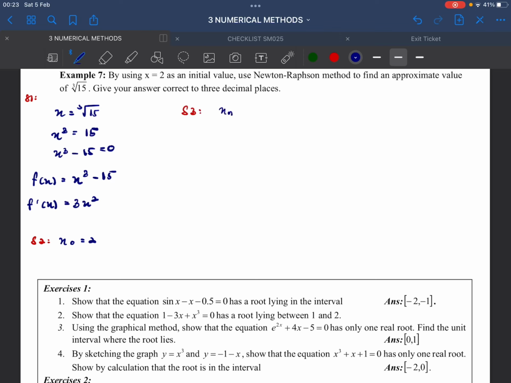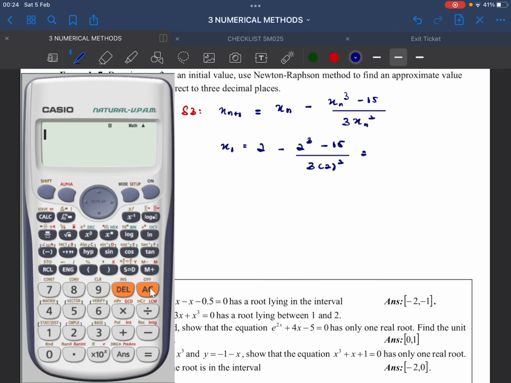We have xn plus 1 equals to xn minus xn cube minus 15 over 3xn square. Now we are going to use the calculator, but before that, remember the first 2 steps of your substitution have to be shown. x1 equals to x0, which is 2, minus 2 cube minus 15 over 3 times 2 square.